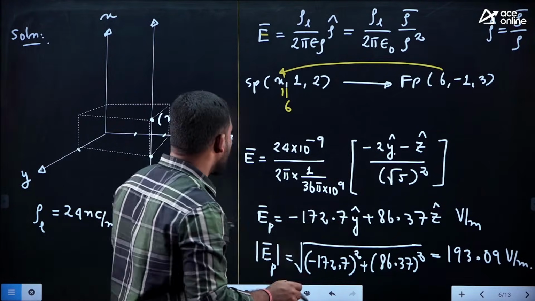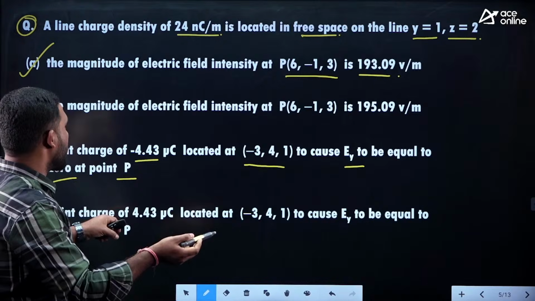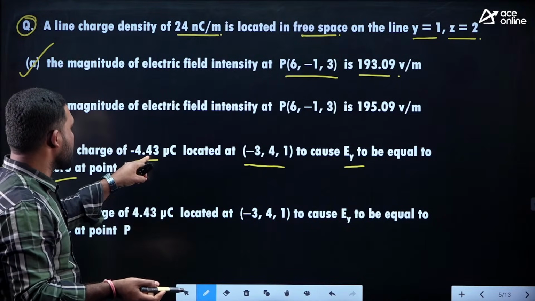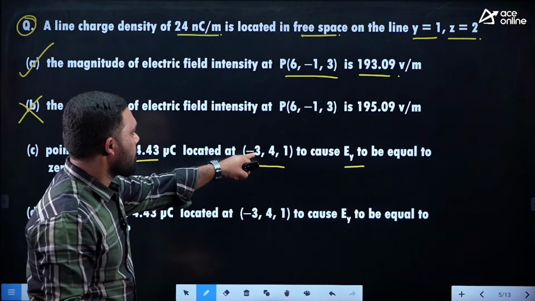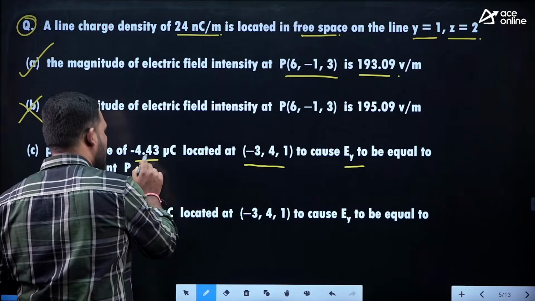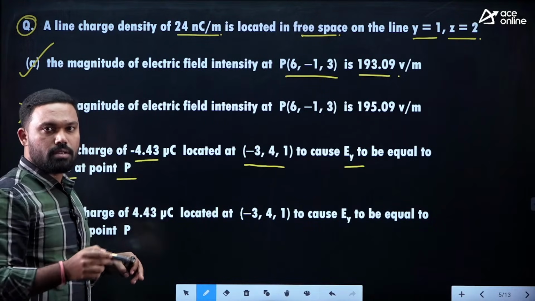So what must be the charge for that to happen? We are locating the charge at this point. If I locate this charge at this point, Ey must be 0.